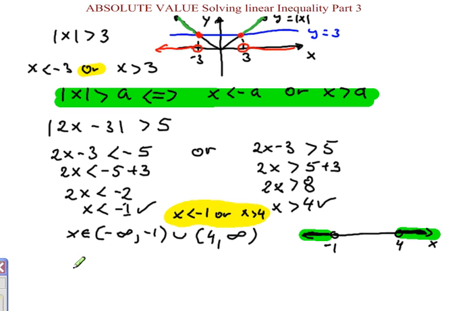Now, what would a solution look like if you were to flip the question? So let's say absolute value of 2x minus 3 less or equal to 5. You already know what the solution is when you're greater than 5. So being less or equal to 5, you probably would be thinking between -1 and +4, including the endpoints. So let's do that quickly.